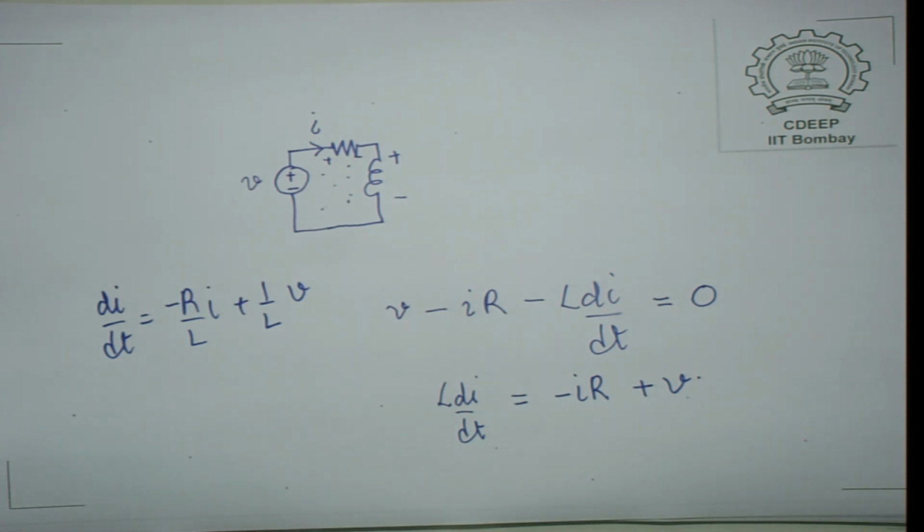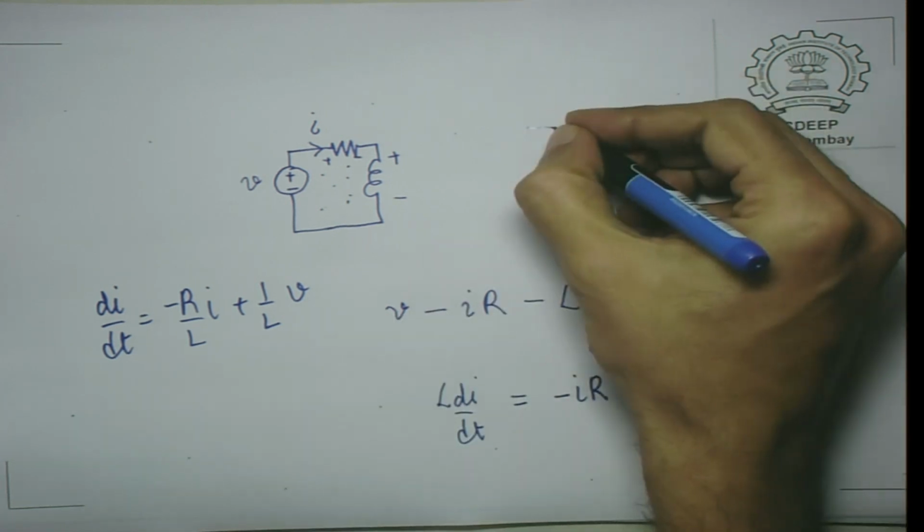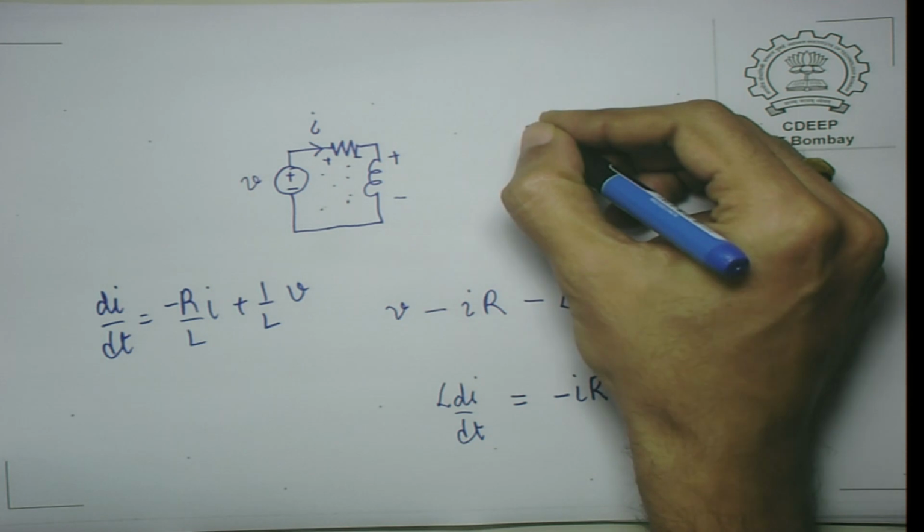We can also write it in a slightly roundabout fashion. We know that the inductor current actually produces the flux within the inductor. So, an inductor is like, I will just show one coil.